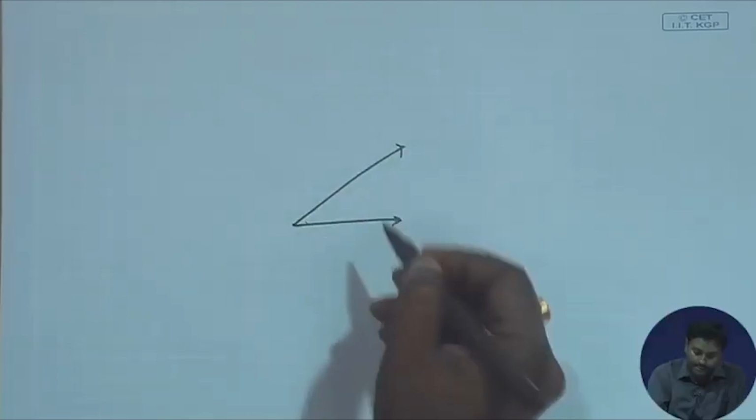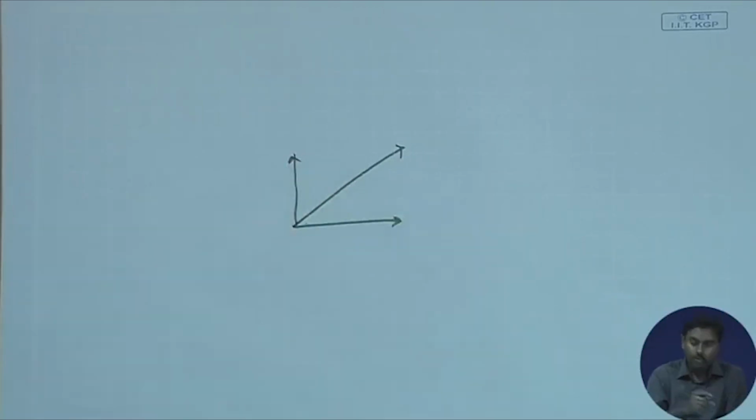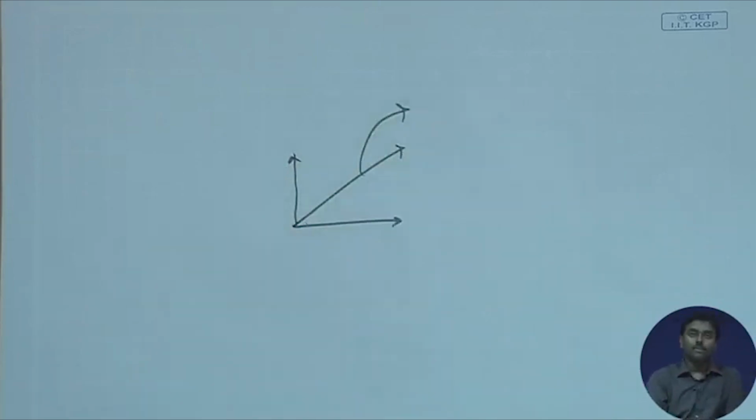What exactly is this? Take it from the vector analogy. We have already done a vector analogy to signals. If a particular vector is represented by a linear combination of two vectors, what should be the strength of this vector?